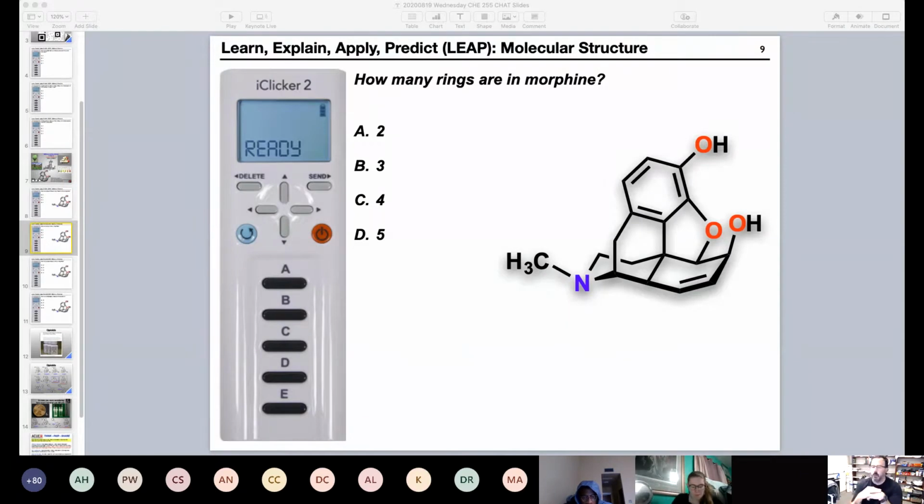What is the bonding pattern for an sp hybridized carbon? How many sigma bonds? How many pi bonds? So 2 sigma, 2 pi, and the geometry is then linear.